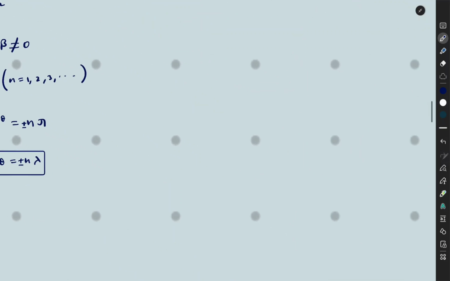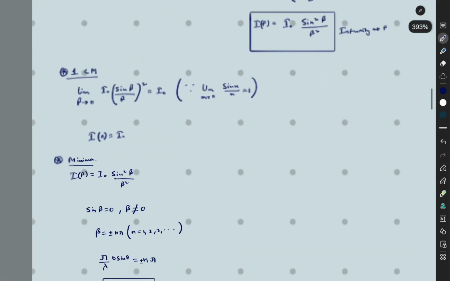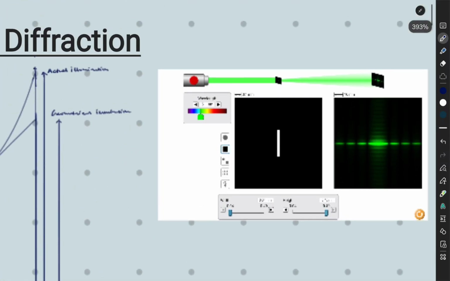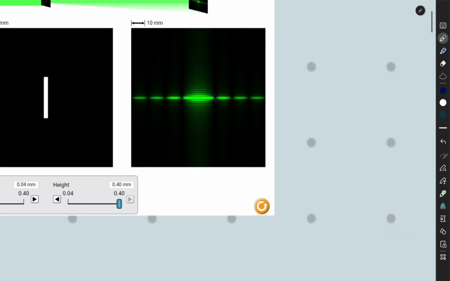This means we will get the minima like this. Over here, you cannot see it, I'll just change the color of the pen. So over here, alternately, we will get minima.